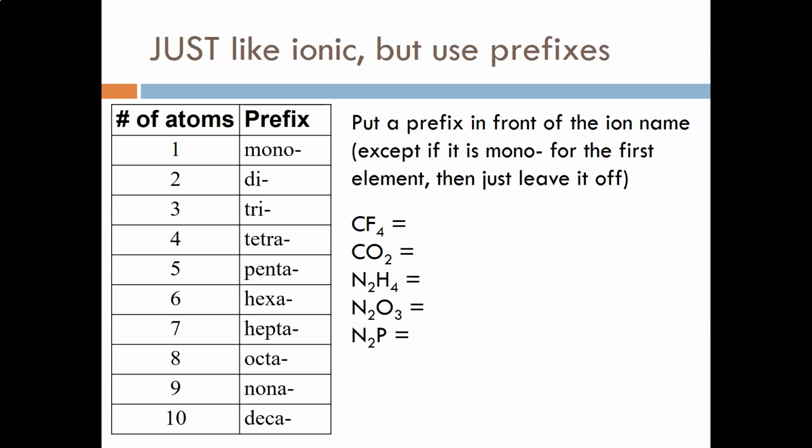If you ever need larger than that, you can just look it up online or ask me, but we usually only go to 10. You need a prefix for every element, unless the first element is a 1, then you don't have to say mono for it. We never start a compound with mono. You can use mono prefix later in the molecule, but never at the beginning of the name.